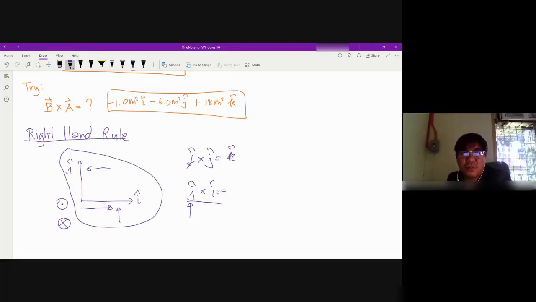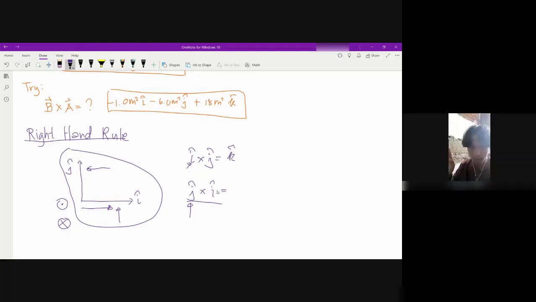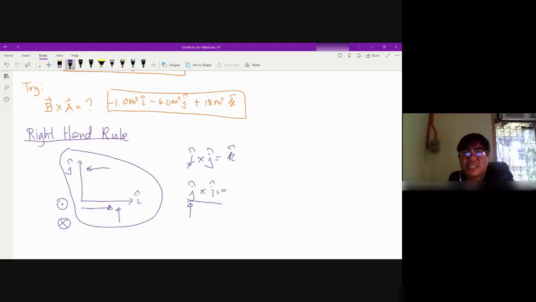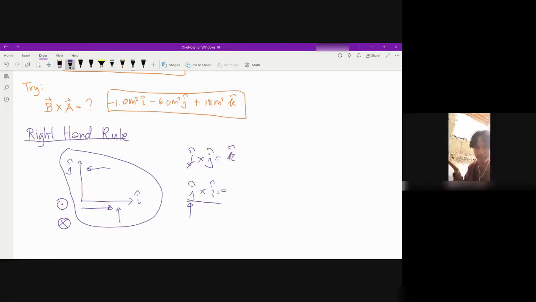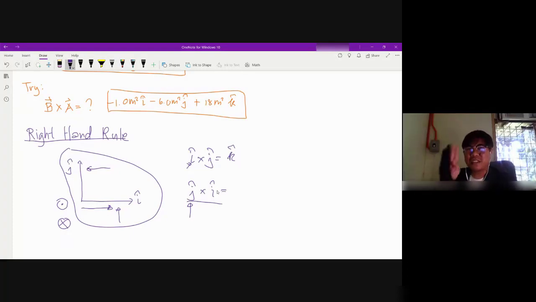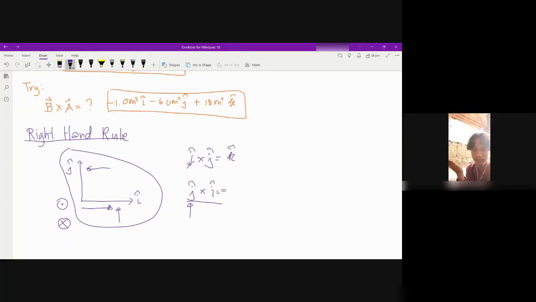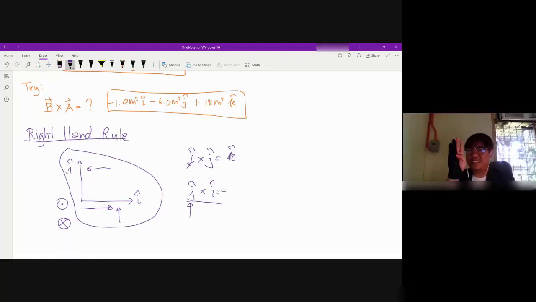I hat. So asa iatubang nimo ang imong palad, ang palm? Iatubang nimo siya sa direction sa I hat. Asa man ang I hat? Nasa tuo, sir.